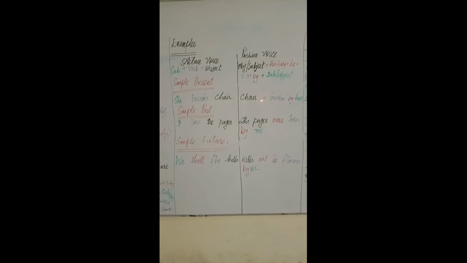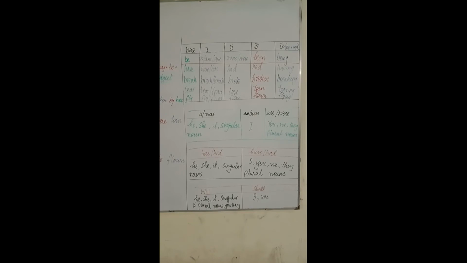For answering this question, we have to go to our table. We have said that we will use the form of be. As we have known, in the simple present tense we have used the word breaks in the sentence. Breaks is the first form. So we are going to use the first form of be: either is, am, or are. This chair is singular.